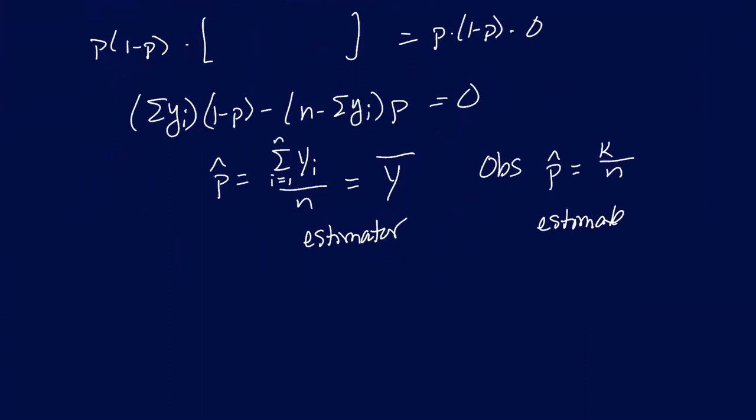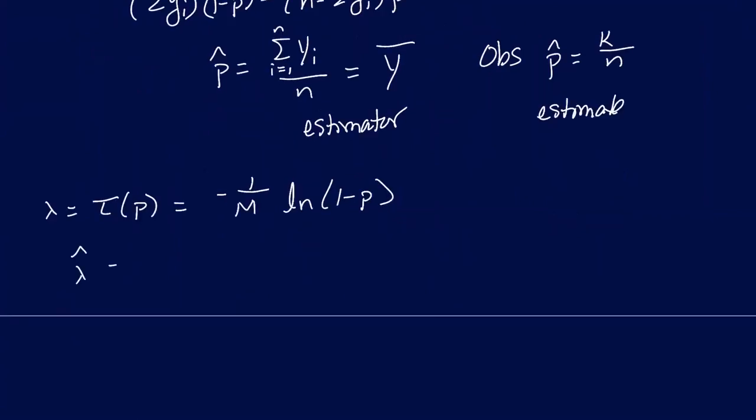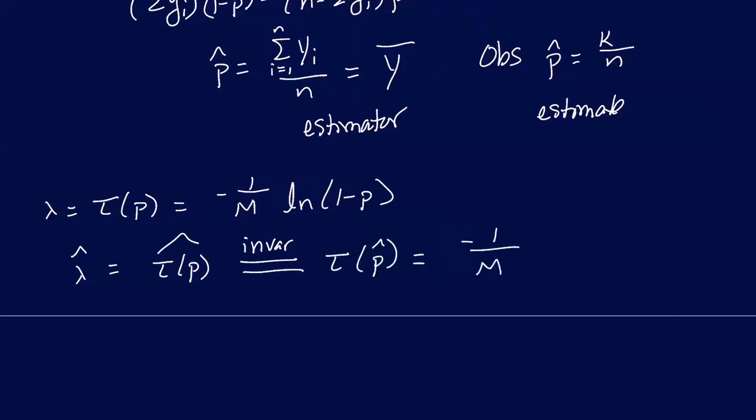To finish this off, remember we were looking at lambda, which was -1 over m times the log of 1 minus p. So the MLE for lambda is the MLE for tau of p, and by the invariance property of MLEs, this is tau of the MLE for p. This is -1 over m times the log of 1 minus the MLE for p.